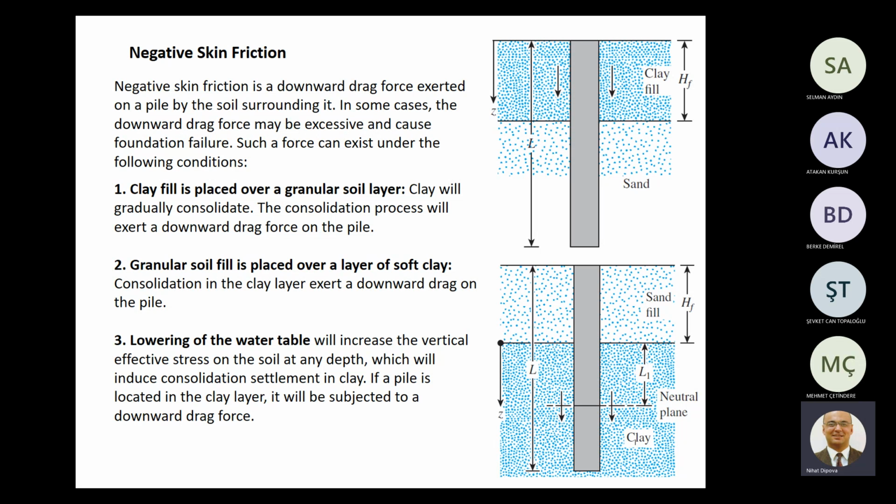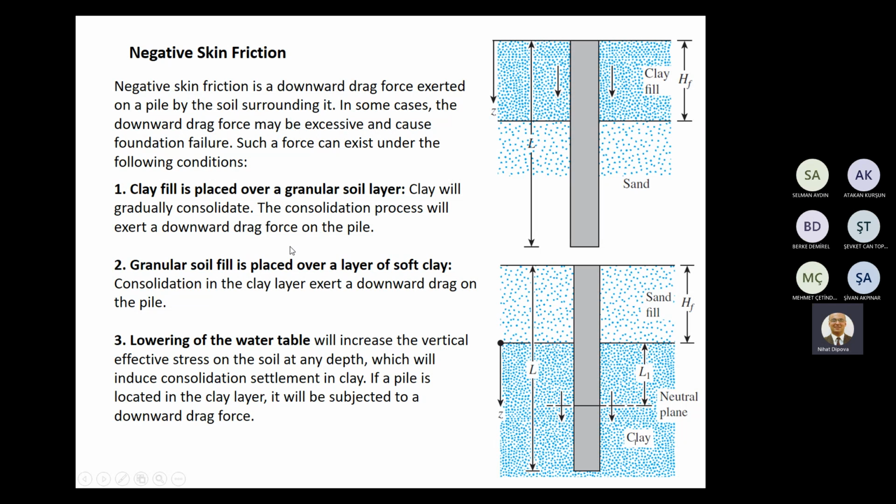Such a force can exist under the following conditions. 1. Clay fill is placed over a rectangular soil layer, as shown in this figure. A clay fill, this is artificial fill, not natural strata.